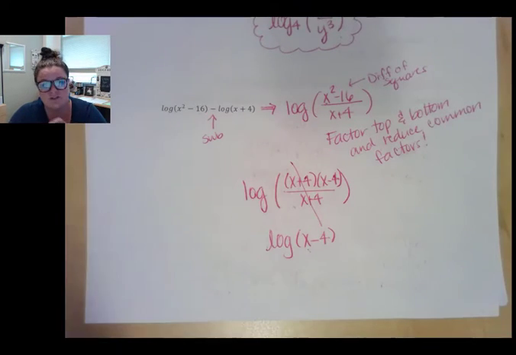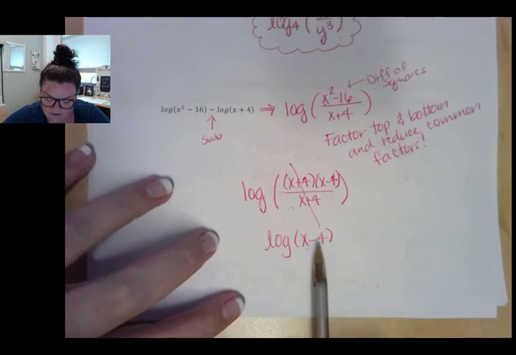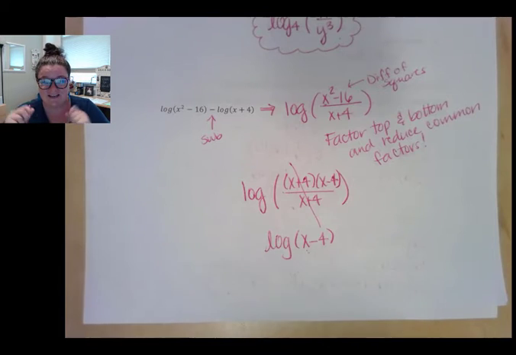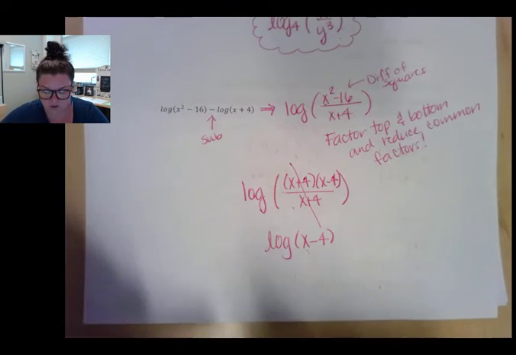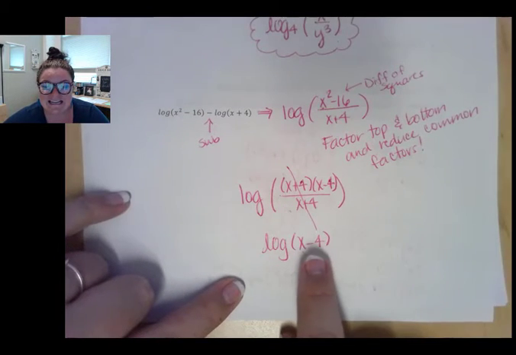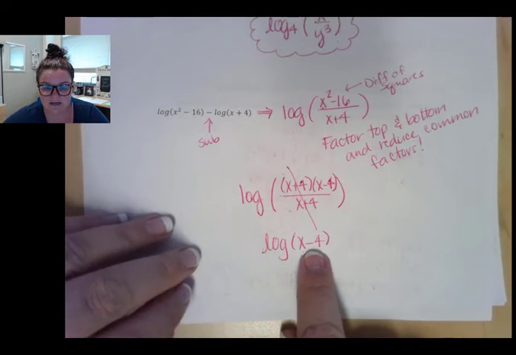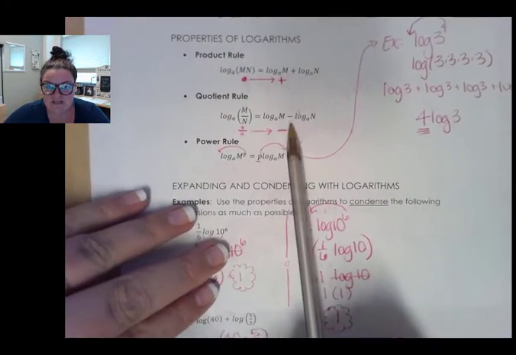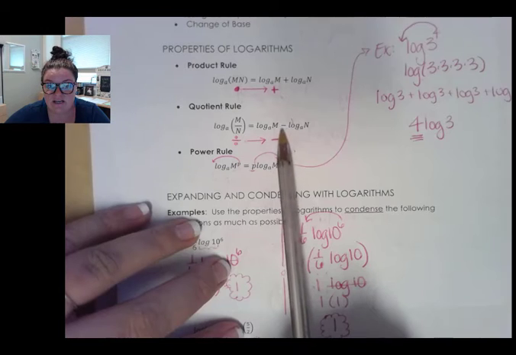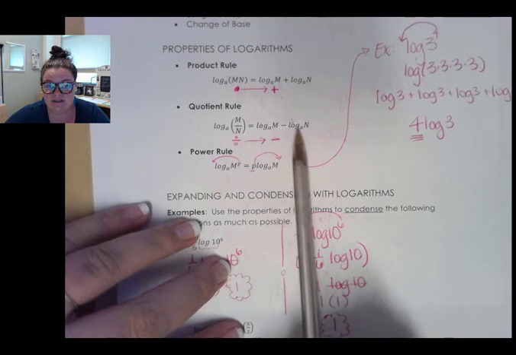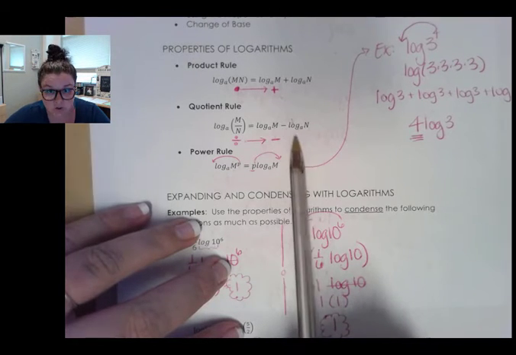And this one's a little bit tricky, right? Because we look at it, we might say, oh, look, we have a subtraction, and subtraction turns into quotient. But it doesn't, because here, notice, our subtraction is inside the log, right? If I look back at my properties, the only rule I have that has subtraction is when the subtraction is being applied to log terms.